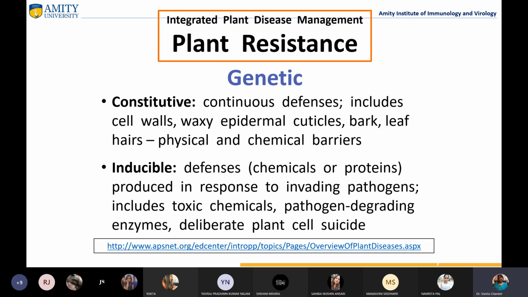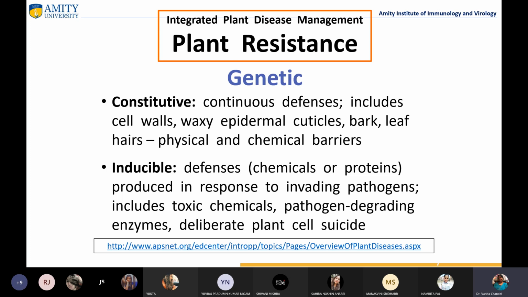Then inducible defenses are basically defenses which can be induced by chemicals or certain proteins that we can use. These are defenses produced in response to invading pathogens. They include toxic chemicals, pathogen-degrading enzymes, or sometimes deliberate plant cell suicide due to the infection.